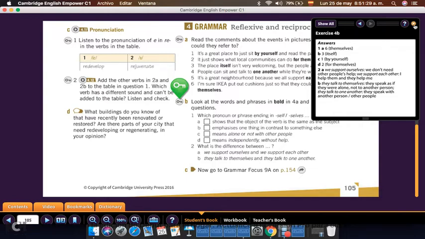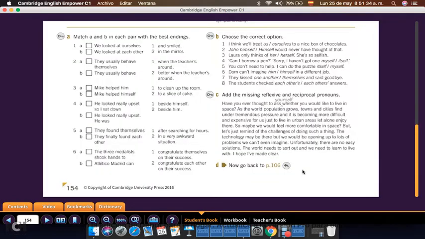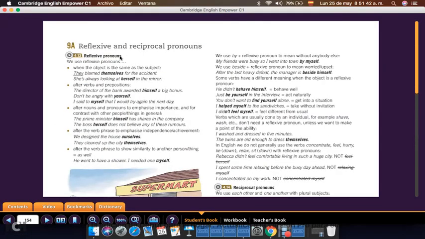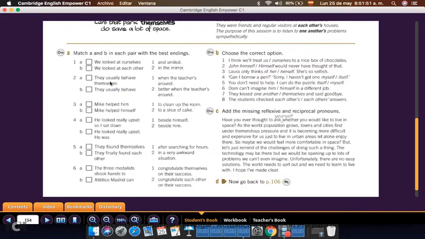Now, you're going to go to page 154 and you're going to answer this exercise right here. You can look at the explanation right here on the top. You can read it carefully so you can see the differences between themselves, herself, himself, yourself, myself. Okay? You read the differences and then you're going to match them. Match A and B in each pair with the best endings.